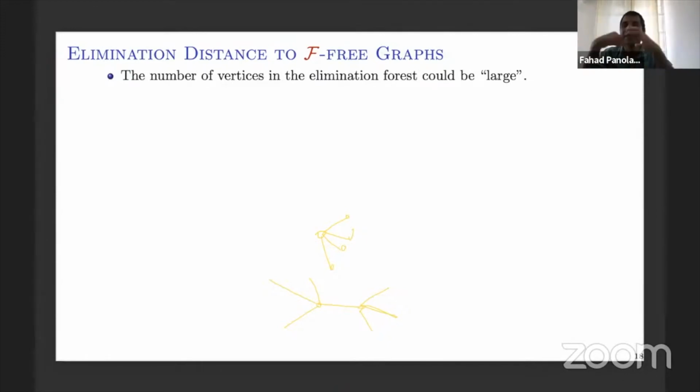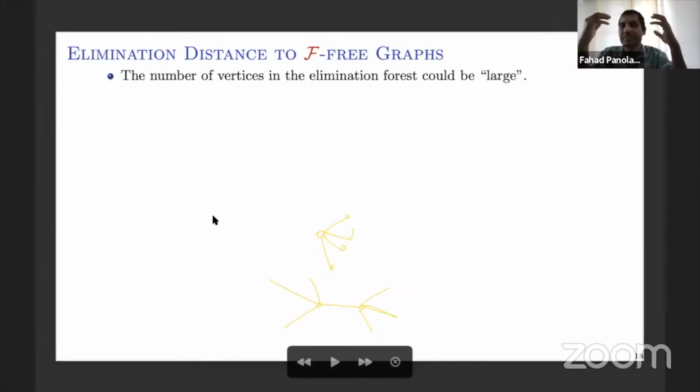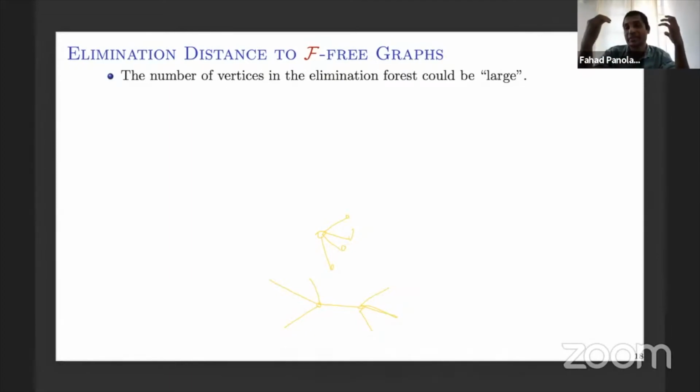If that is very large, then we cannot do a branching algorithm where we keep decreasing the number of vertices in the elimination forest, because that elimination forest is so large. Now, just look at the case when the elimination forest is very large, and then see some structure, and then try to utilize that structure.